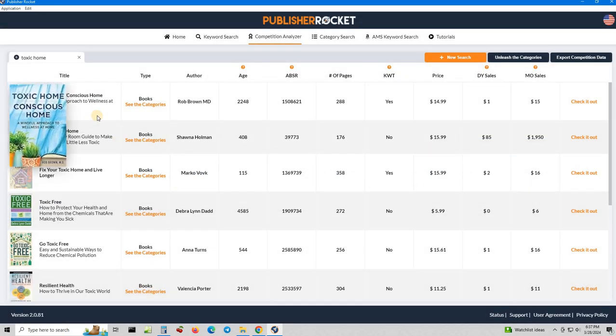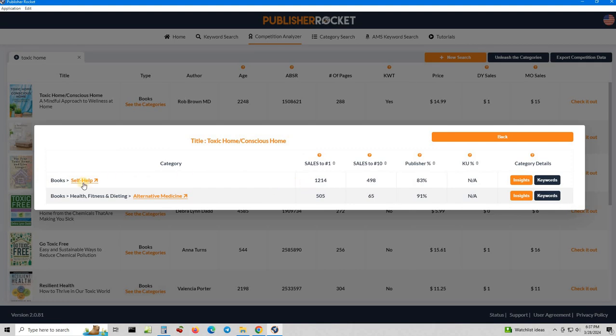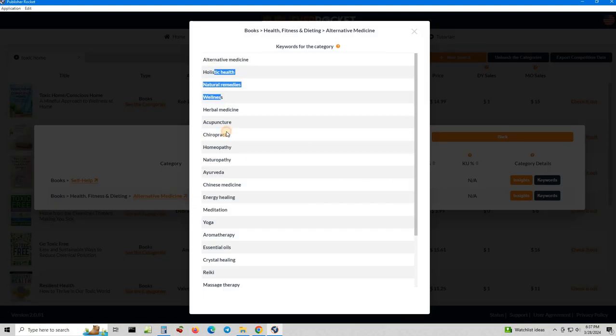If you go to this guy's book again, look at the categories. This alternative medicine. These are the keywords people are typing to search in that category. I don't think these really have anything to do with a toxic home. These are solutions to problems. These are people that are looking to solve their health problems.